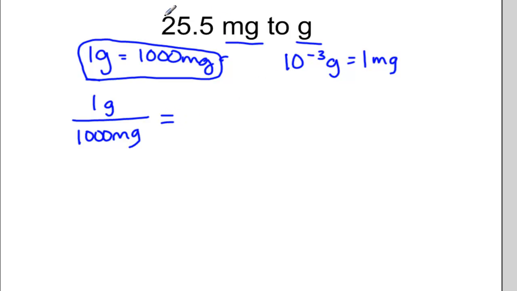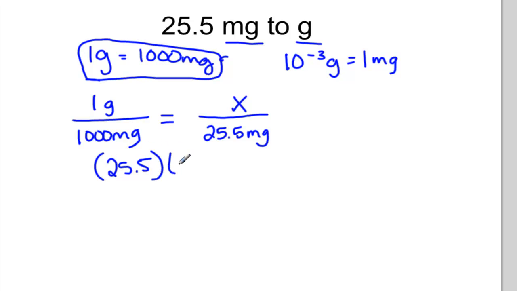Then we're going to look at what we have here. We have 25.5 milligrams. Because we put milligrams on the bottom, we're going to do the same on this side, 25.5 milligrams over x. Then we're going to cross multiply. So 25.5 times 1 equals 1,000 times x.